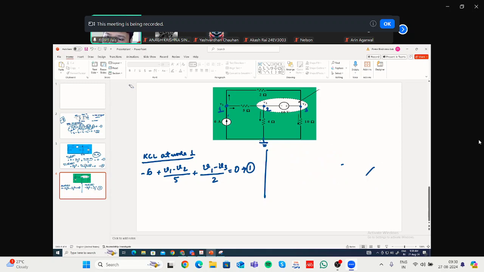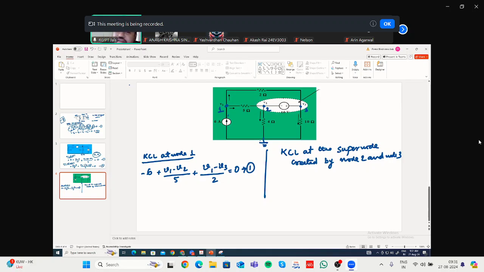Instead of considering node 2 and node 3 as two separate nodes, temporarily you have to apply KCL at the super node that can be created by node 2 and node 3.